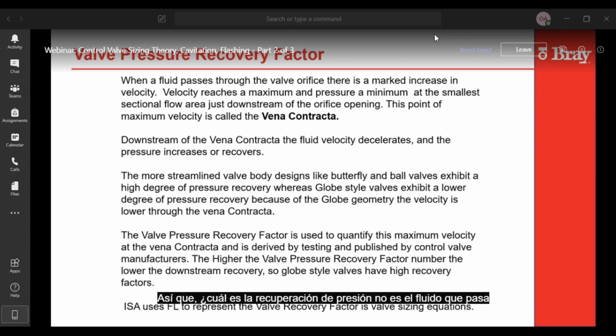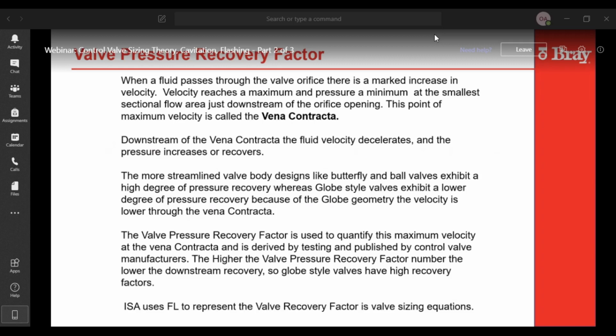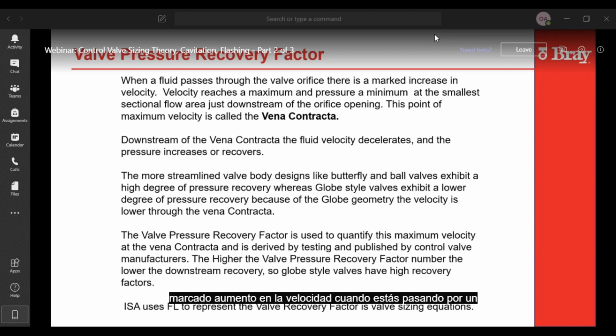So what is pressure recovery? As the fluid passes through the valve orifice, there's a marked increase in velocity, because the fluid going through a pipe has to accelerate when it goes through an orifice, and the orifice in this case is a control valve. When the velocity reaches a maximum and pressure is at a minimum, at the smallest sectional area just downstream of the orifice, this point of maximum velocity is called the Vena Contracta.